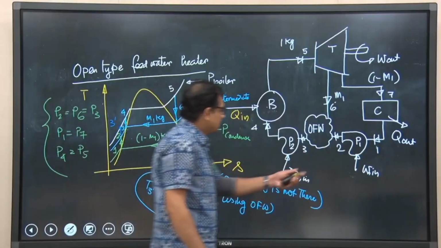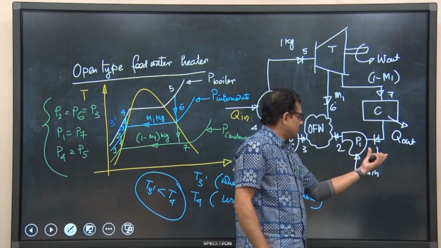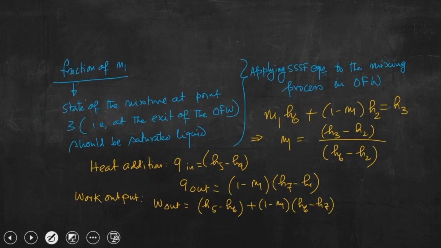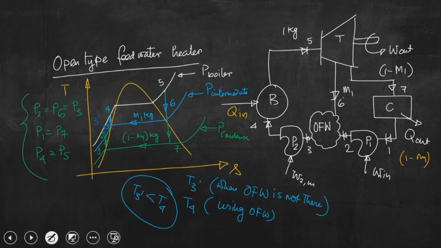This 1 minus M1 kg is pumped by this pump. So, W in is (1 minus M1) into (H2 minus H1) plus (H4 minus H3), that is the total work in.